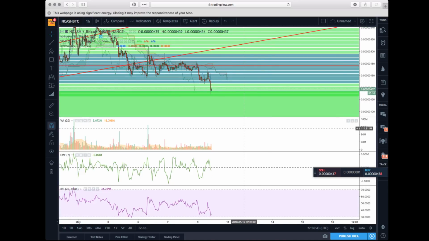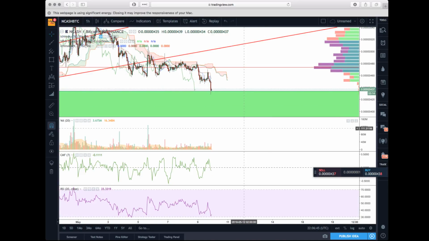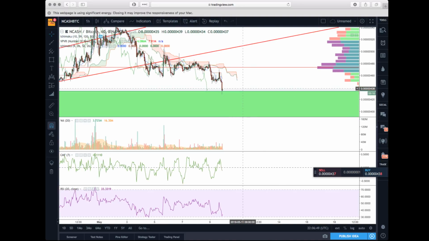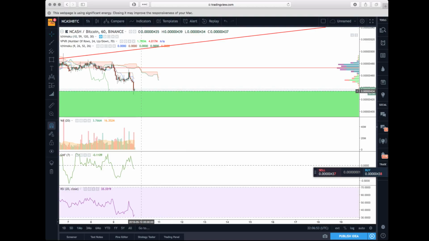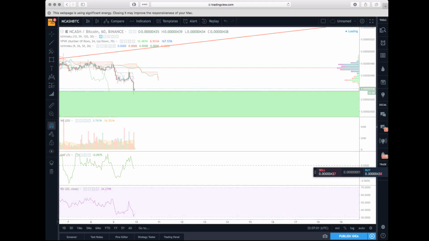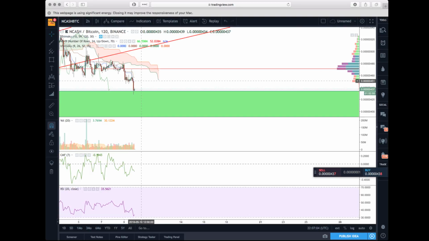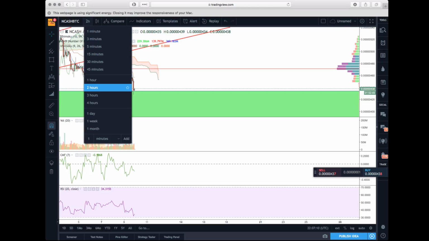I will say though, the RSI is low and it's trying to curve up, but for me personally, I would want to see a bullish engulfing candle on the 1 hour or the 2 hour at the very least to attempt to call this area a bottom.